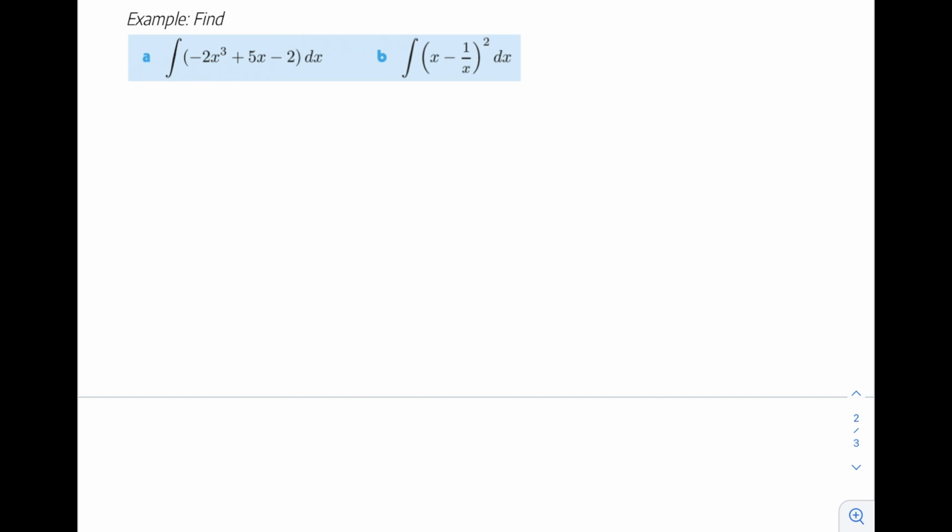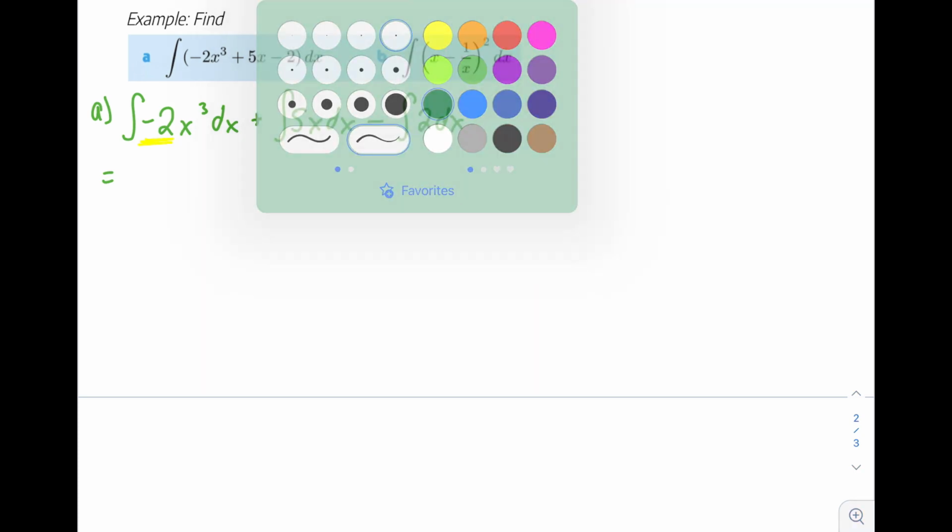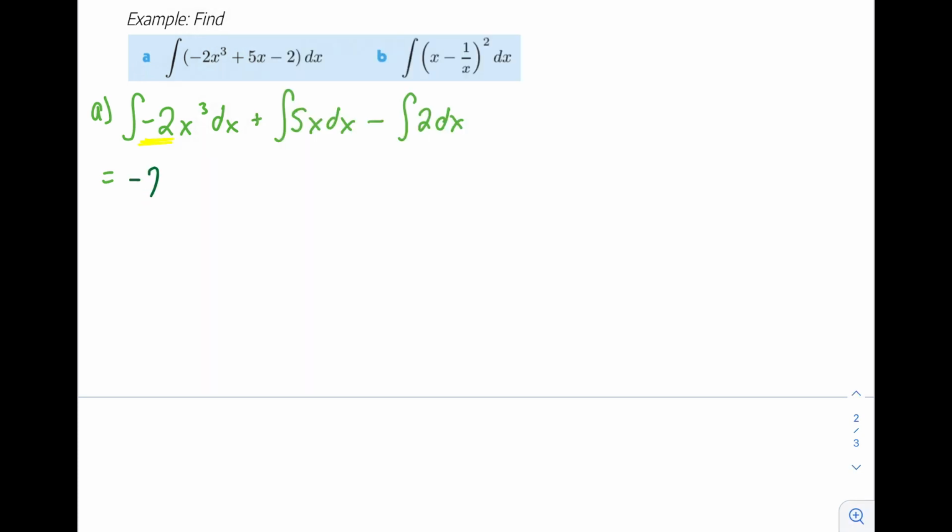So this integral, I can rewrite it, and I can have the integral of negative 2x cubed with respect to x, plus the integral of 5x with respect to x, minus the integral of 2 with respect to x. So now you can simply take the coefficient in front, and we would have negative 2 times the integral of x cubed.